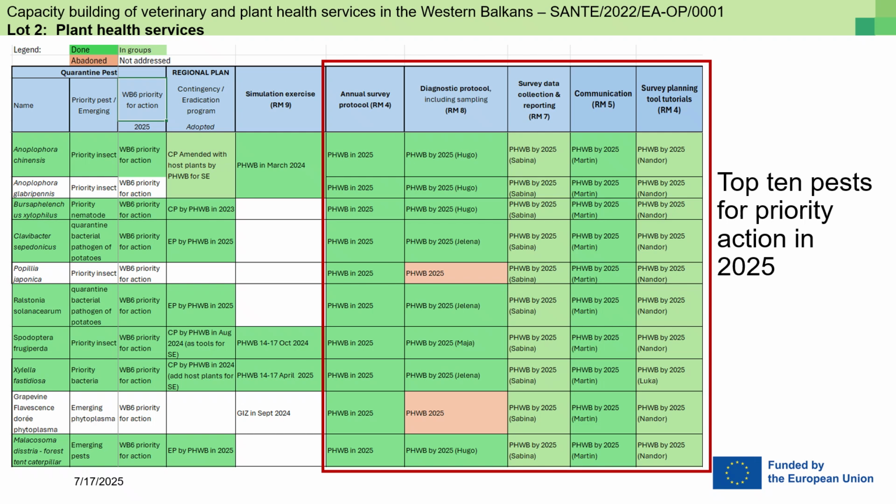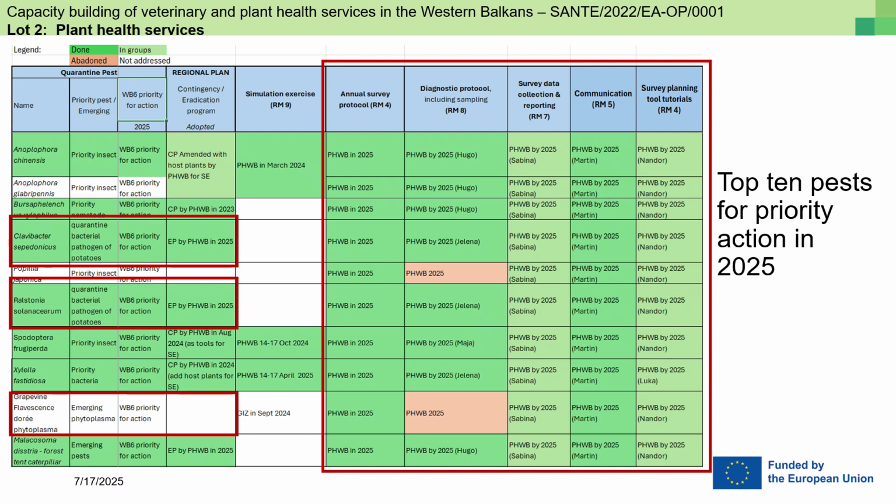For 6 priority pests, we developed contingency plans, and for some emerging pests, we developed eradication programs, which both raise preparedness for the case of an outbreak. We also developed guidelines for eradication of new, not yet listed pests, such as forest ant caterpillar, which have quarantine characteristics.